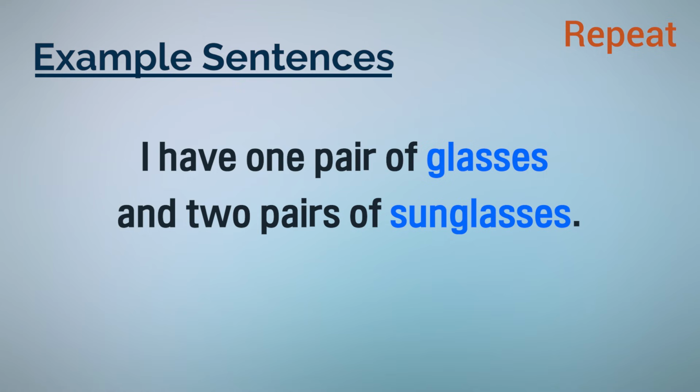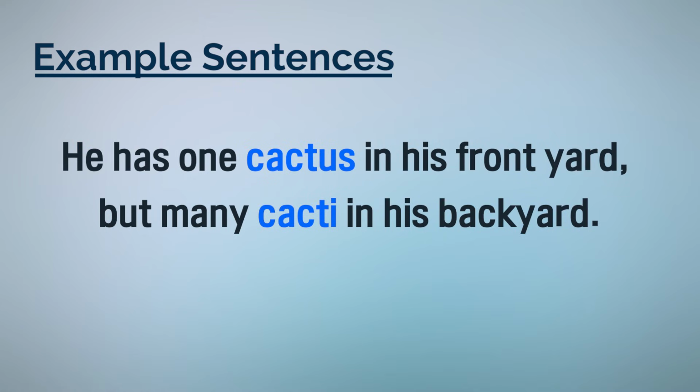Excellent, guys. And finally, he has one cactus in his front yard, but many cacti in his backyard. Repeat after me. He has one cactus in his front yard, but many cacti in his backyard.